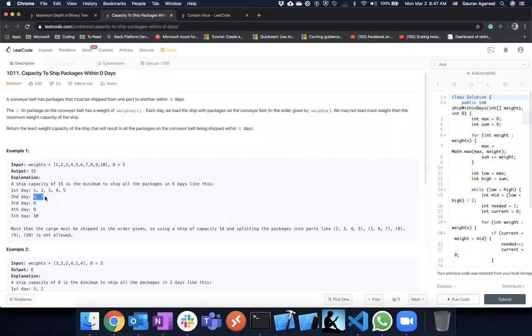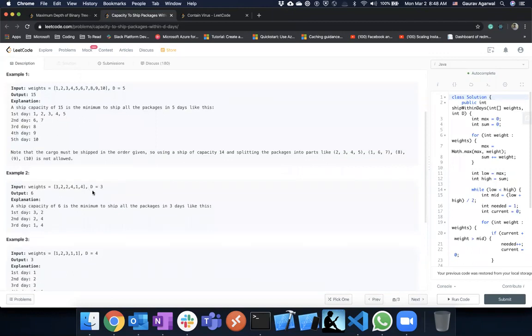Second day we can ship 6 and 7, which is 13, and then third day 8, then 9, and then 10. So the minimum capacity of the ship needs to be 15. If we go below 15, then we may require more days, and in that case it's not possible to ship the packages within exactly 5 days.